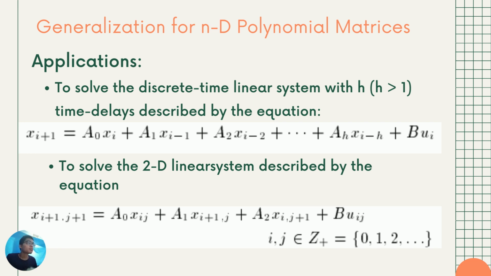Next application is to solve 2D linear systems described by the equation. So here, it is very theoretical, not so practical, but these theoretical formulas will be an integral part of a certain practical solution which we will have in coming days.